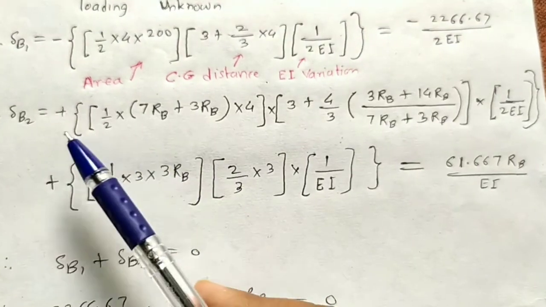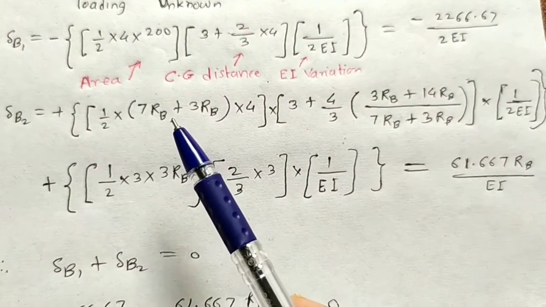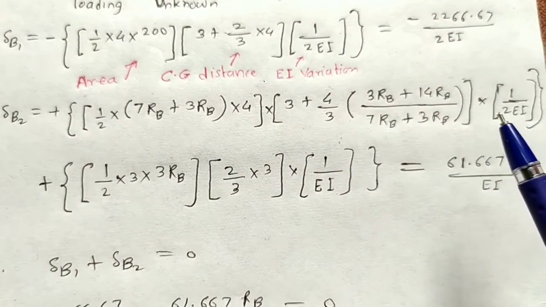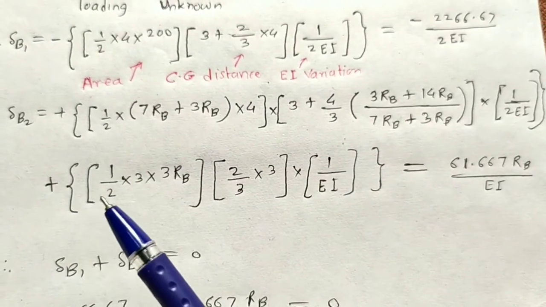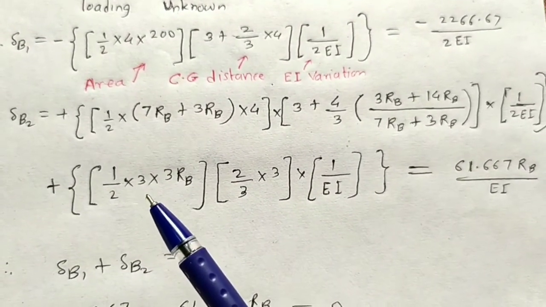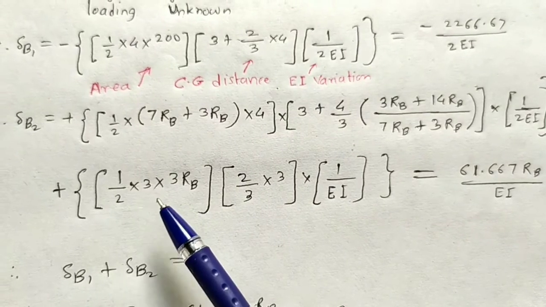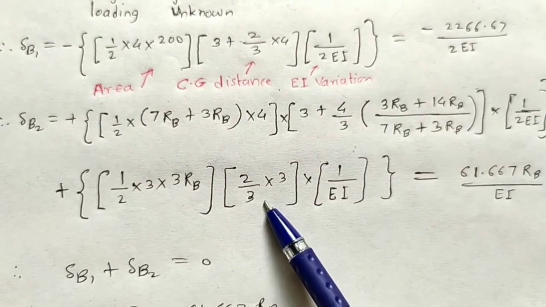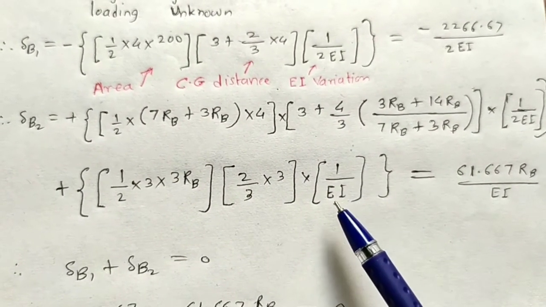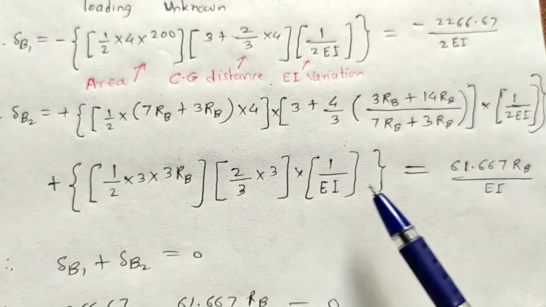So of course, to get delta B2 we have to consider three brackets: area, centroidal distance, EI variation. Same way, plus the remaining area of the triangle, centroidal distance from point B, multiplied by the EI variation. So we are getting this value.